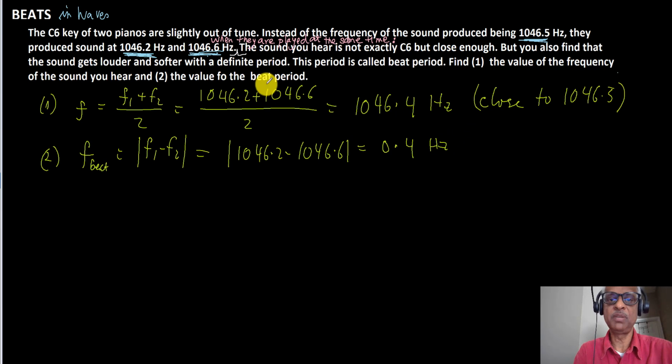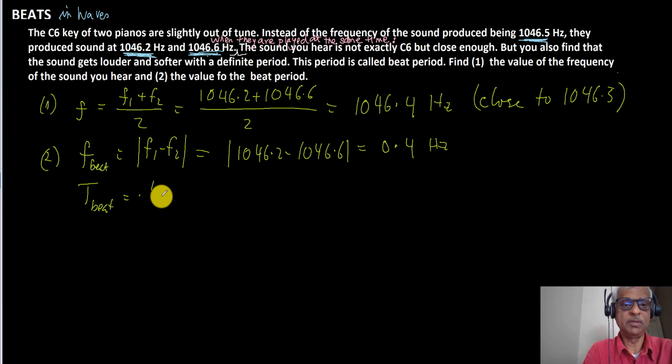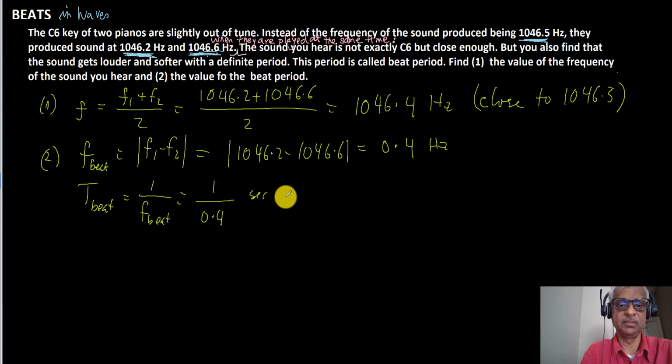But we want the period. So T beat is 1 over f beat. It would be 1 over 0.4, and this is hertz, so this will be seconds. And you can say 10 over 4 equals 2.5 seconds.